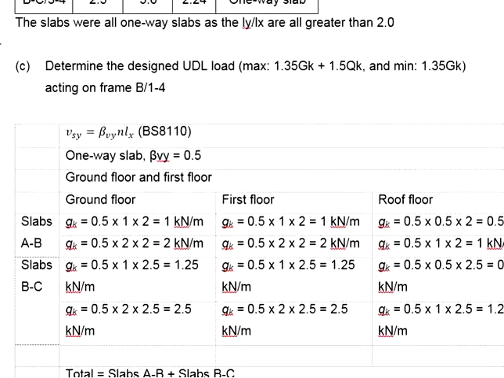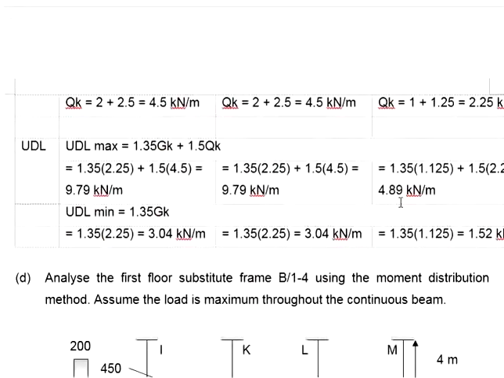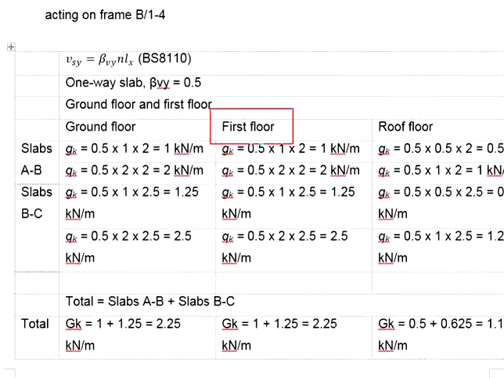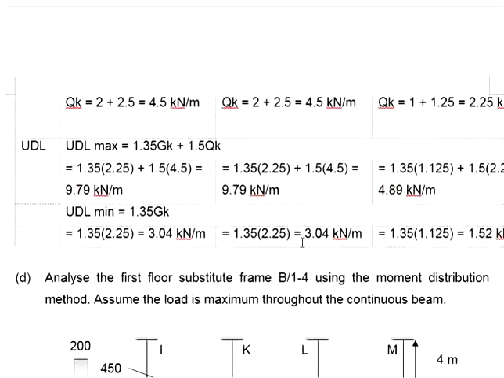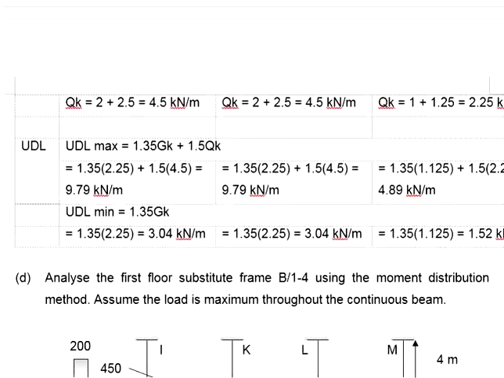In sub-question C, which we have discussed in our previous videos, we have loading from the first floor and also the roof floor. On the first floor, you will have the maximum UDL and the minimum UDL. As for the roof floor, you know that you're going to apply the maximum UDL throughout.